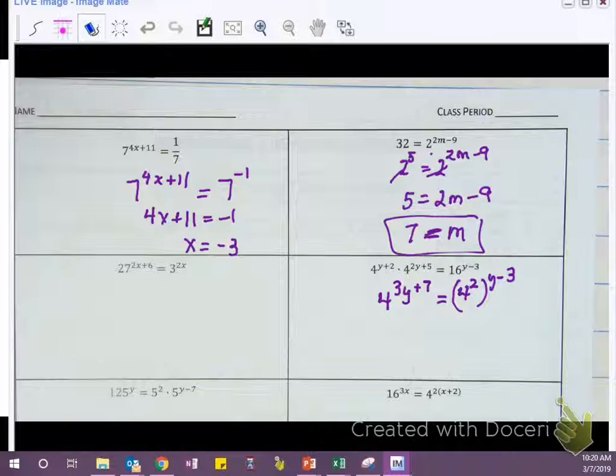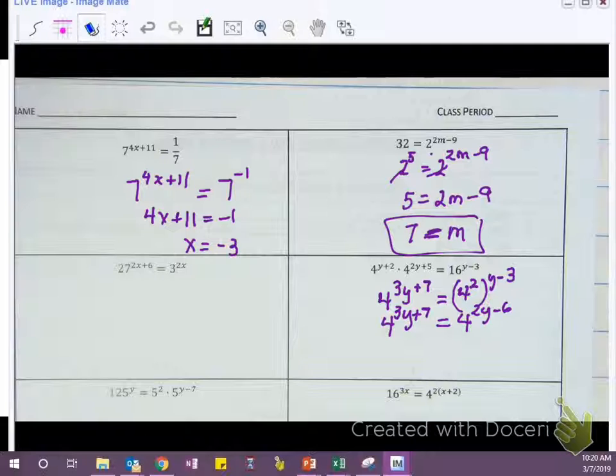So this is 4 squared replacing the 16, and the y minus 3 is still there as an exponent. When you raise a power to a power, what do you do with the exponents? Multiply. So the left side is still 3y plus 7, but the right side is now 2y minus 6, because we had to multiply the 2 from the 4 squared times the y minus 3.